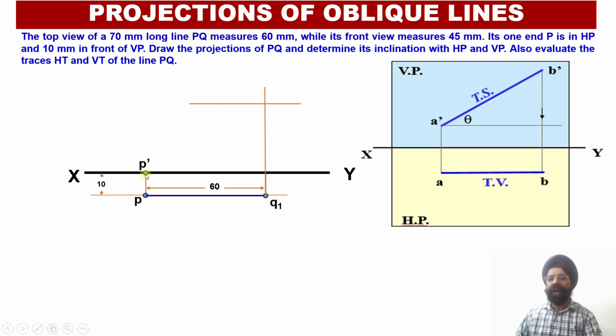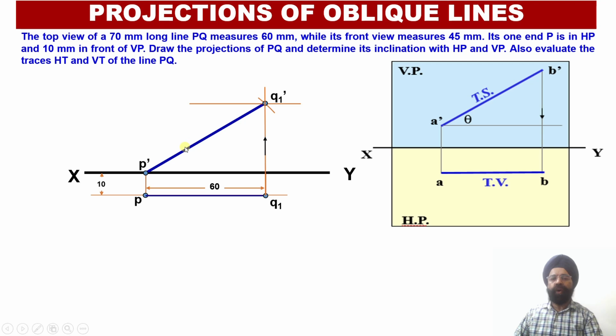Through this point P dash, I will be marking an arc onto this vertical projector line, so that this distance in the elevation is evaluated as 70 millimeter. That is, the P dash and Q1 dash distance I have to mark as 70 millimeter.